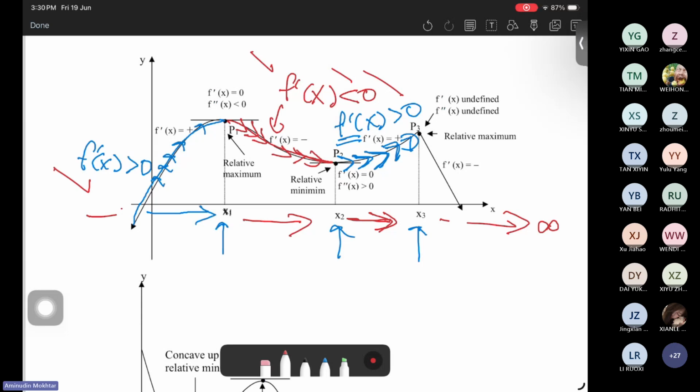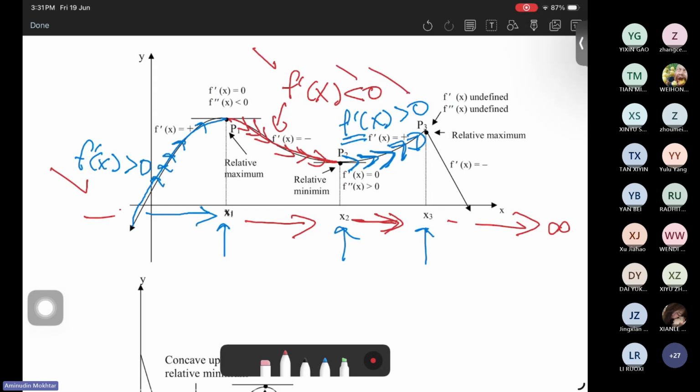So now we want to identify what happened at x1. What is the slope of the tangent line at x1 and x2, for example? At x1, before x1 the slope is positive. After x1, the slope is negative.